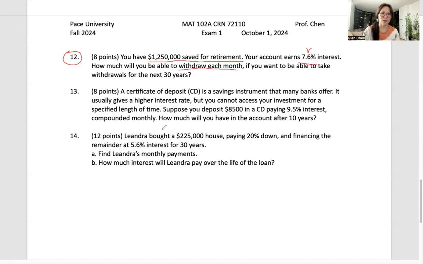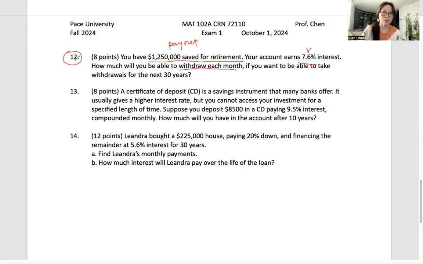So we use number 5 again, the payout annuity, because it didn't ask how much you need to deposit. If it asked how much we need to deposit in order to get this much money, we would use the number 4 formula. But because we're considering how much we can withdraw, that's the payout, number 5.